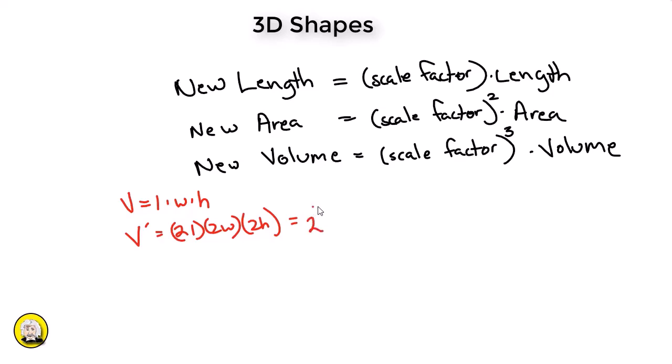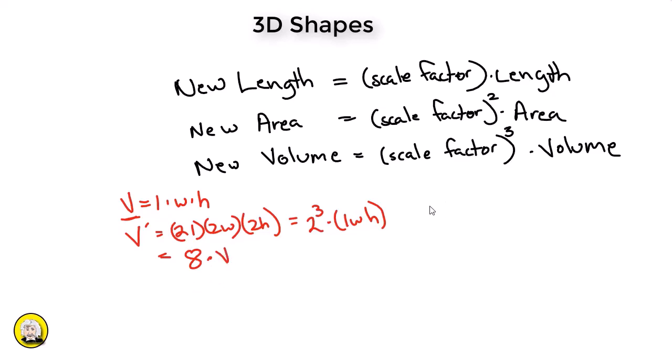That in turn equals 2 cubed times length, width, height. And I know length, width, height is my original volume, so I can substitute that back in, and my new volume equals 2 cubed, 8 times my original volume V.